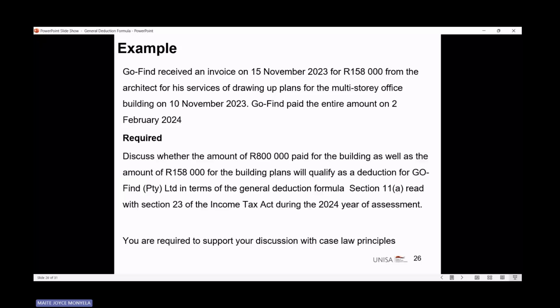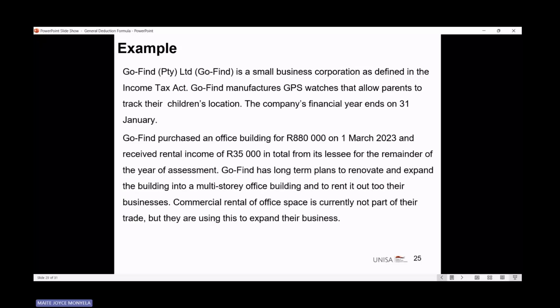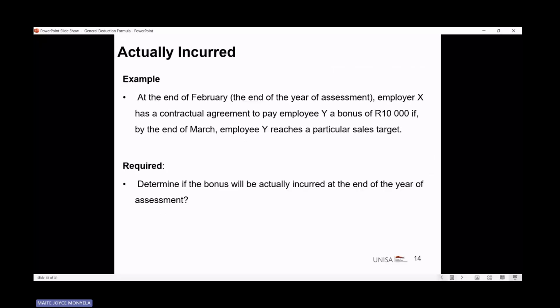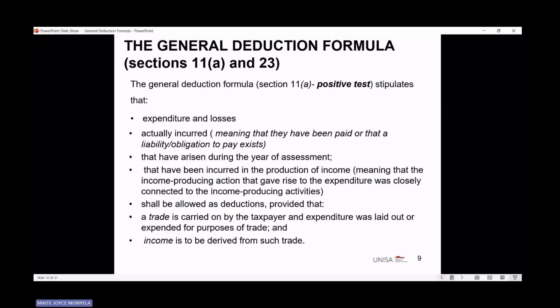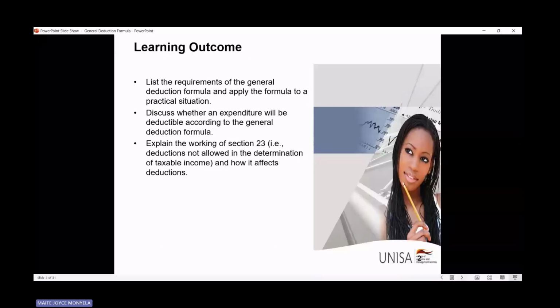So we want to test if I talked about general deduction formula, and I also talked about Section 23. Remember the difference. I want to align the difference between these two sections, Section 11 and 23. On Section 23, let's talk about the trade. I said the first requirement is the trade.